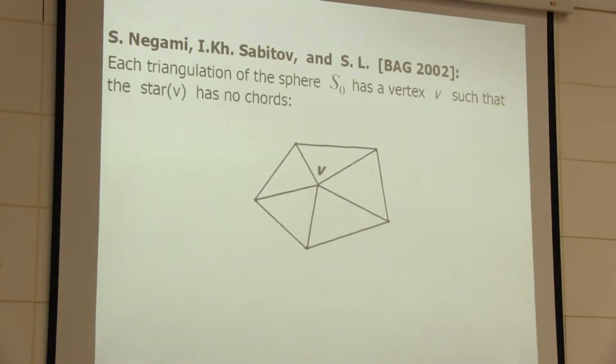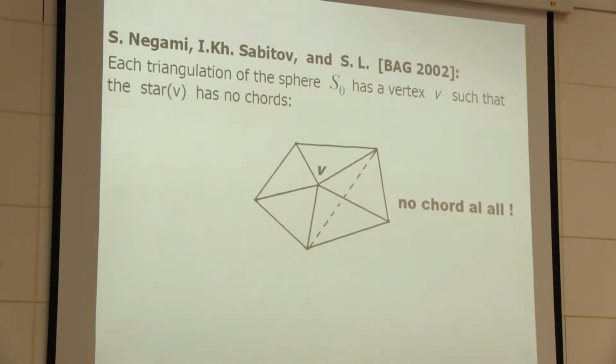Here I just proved that there exists exactly one irreducible triangulation of the sphere that is a familiar tetrahedron. This is a simple fact, but I'll prove it, and meanwhile I'll introduce some important concepts. This is the result of Gigami, Sabitov, and yours sincerely, which says that each triangulation of the sphere has a vertex with the property that its star, that is the union of all the faces meeting that vertex, has no chords.